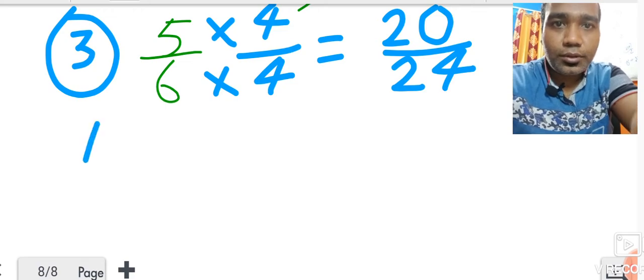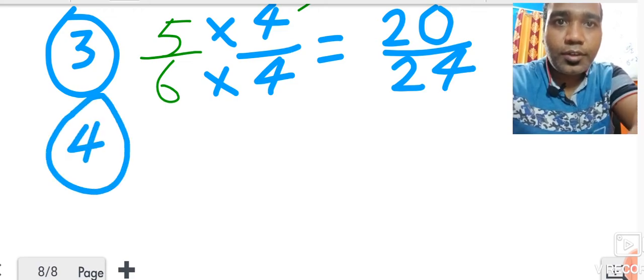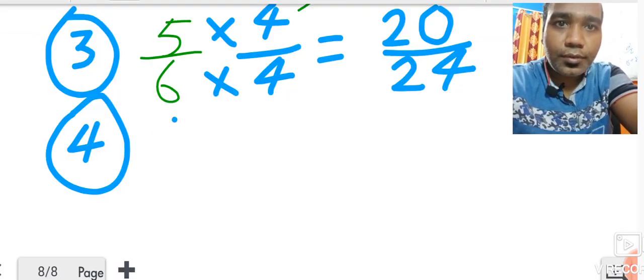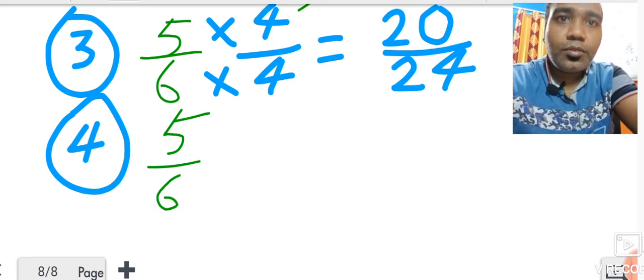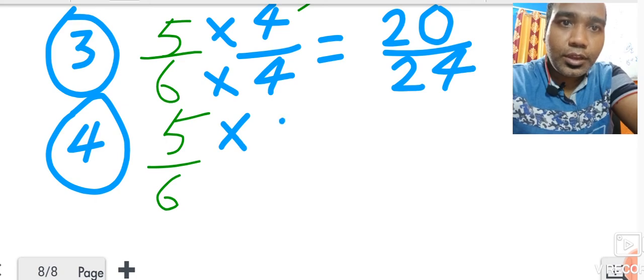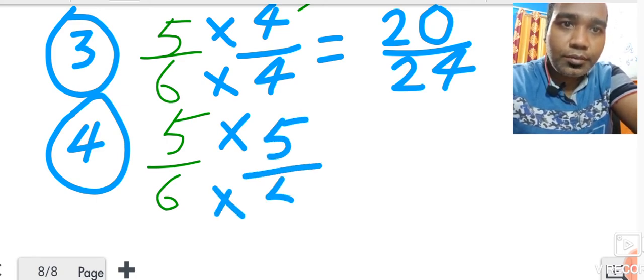Now the fourth one. Fourth equivalent fraction of 5 by 6. So what do we have to do? We have to multiply the next number, that is, in the numerator we will multiply 5, so in the denominator also we'll multiply 5.